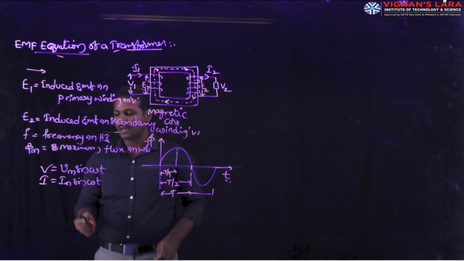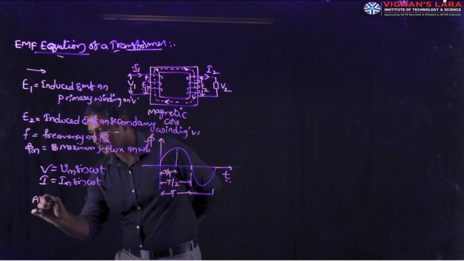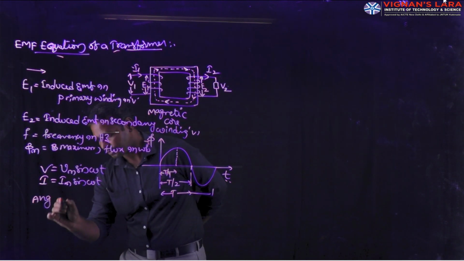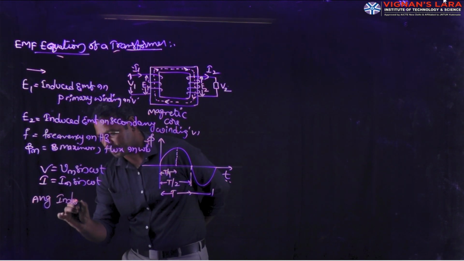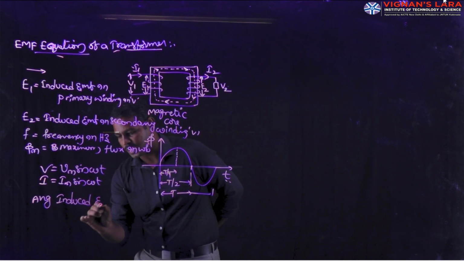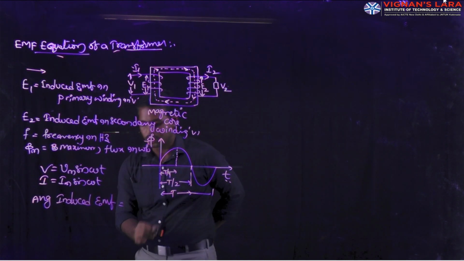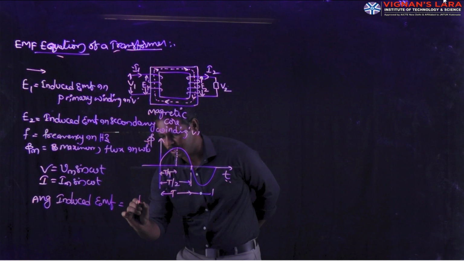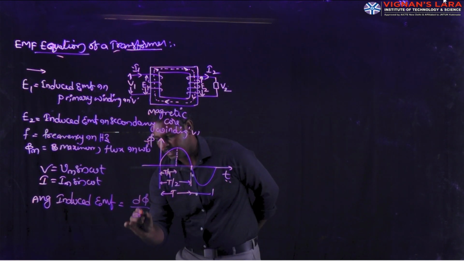First of all, the average induced EMF is equal to d phi divided by dt.